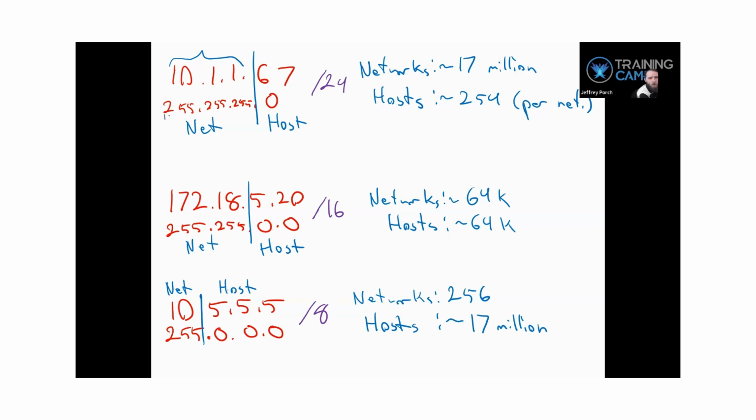Because as you may recall, when you break 255 down into ones and zeros, all ones, that gives you 8 bits. And if we have 255.255.255, 8 plus 8 plus 8 gives us 24 on bits, right?